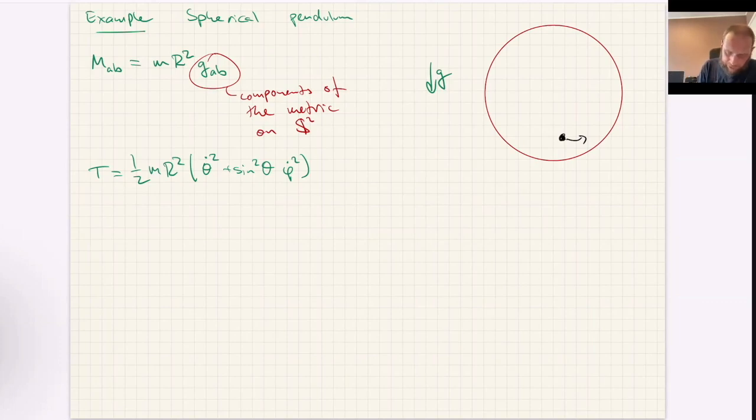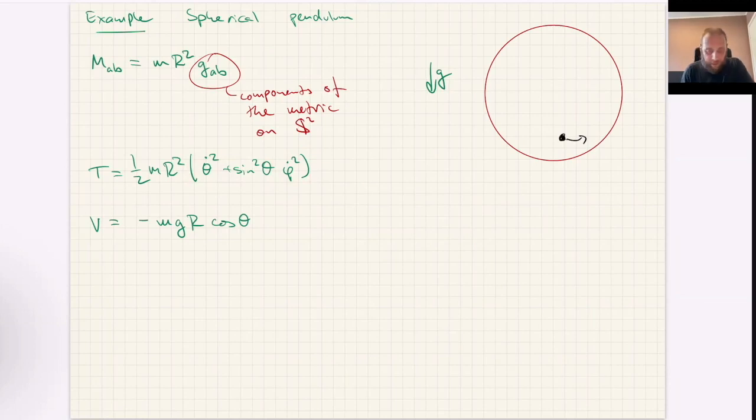What about the potential energy? Well, the potential energy is given by mgh. So in this case, if I write it down in coordinates, it's minus mgr cosine theta. This is a function on configuration space itself. It's only a function of the coordinates, in this case just the coordinate theta, not a function of the derivatives of the coordinates.